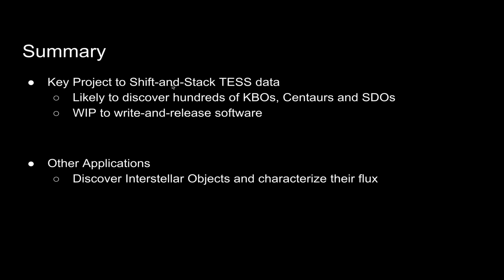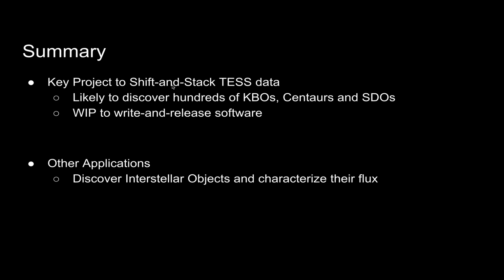So in summary, we have this key project that's been funded to shift and stack TESS data to search for distant outer solar system objects. We predict that the scientific yield is likely to be hundreds of Kuiper belt objects, centaurs, and scattered disk objects.